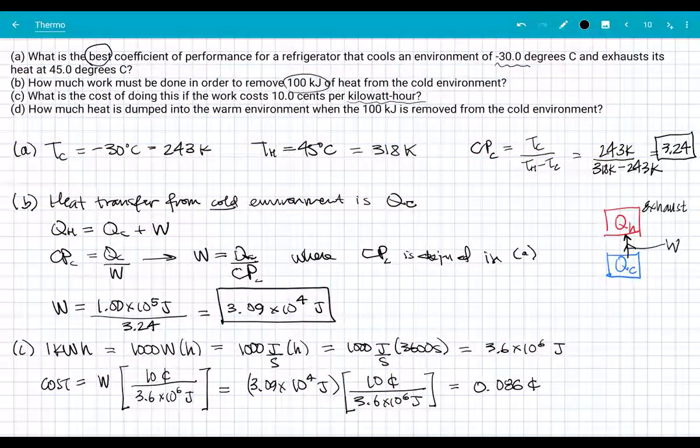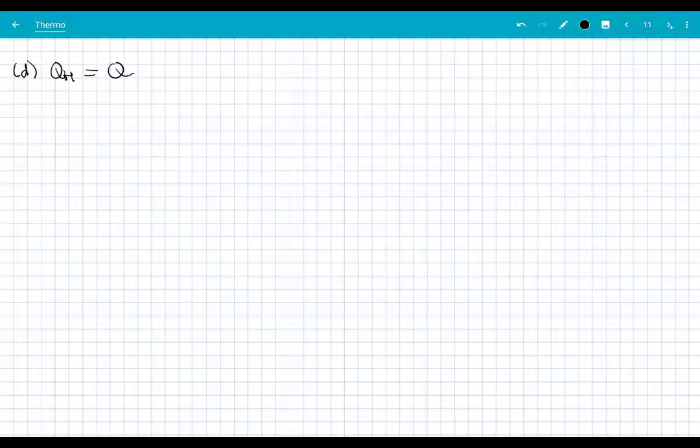I'm running out of room, so I'm going to switch pages. For part D, we want to find the heat transfer into the warm environment, which as we just saw is equal to QH. By the first law, QH is equal to QC plus work, and I defined both in part B. All I need to do is substitute those values.